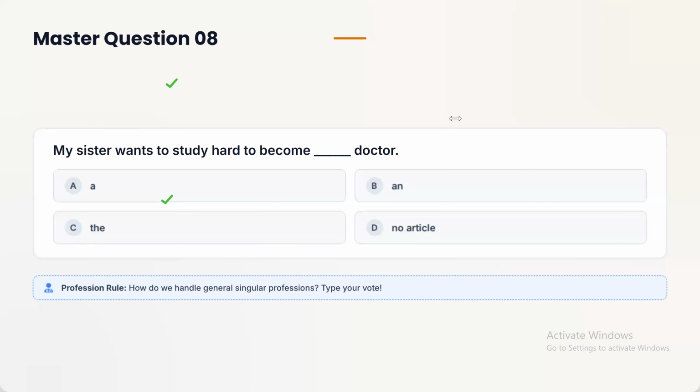The next one: my sister wants to study hard to become dash doctor.